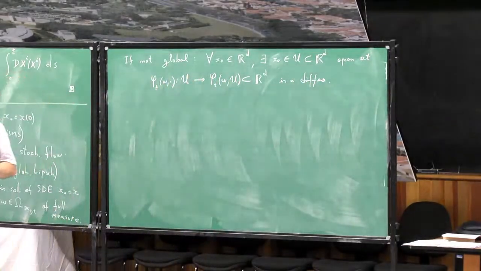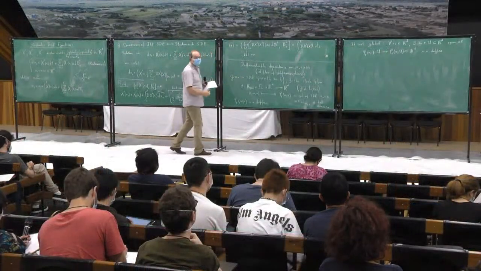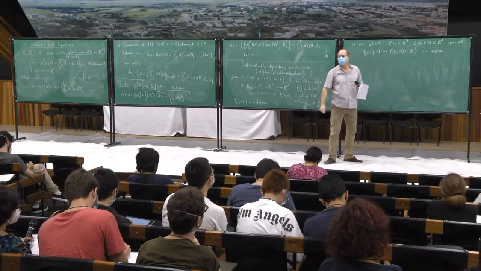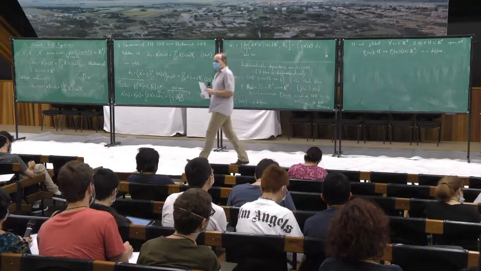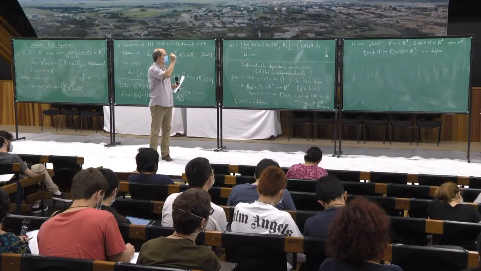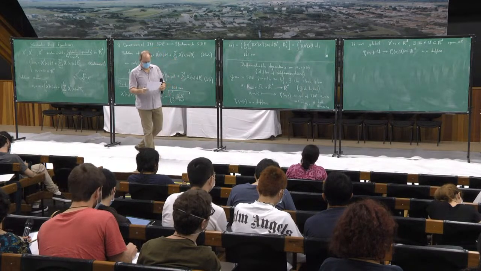A diffeomorphism whose regularity follows the regularity of the vector fields. So for smooth vector fields, these are smooth diffeomorphisms. For C^k vector fields, we have C^k diffeomorphisms.